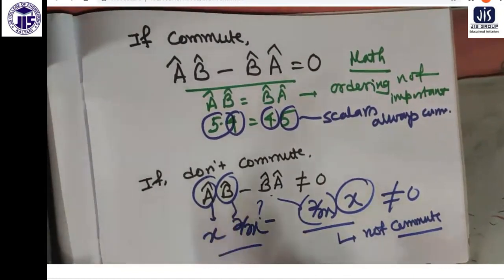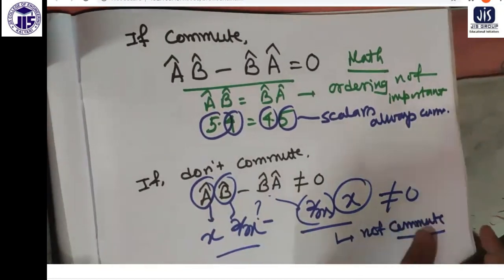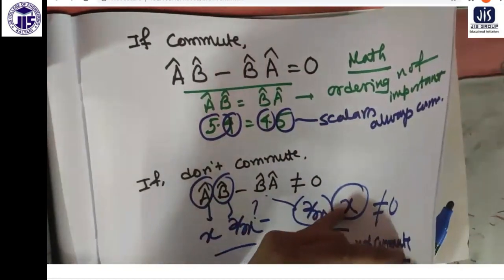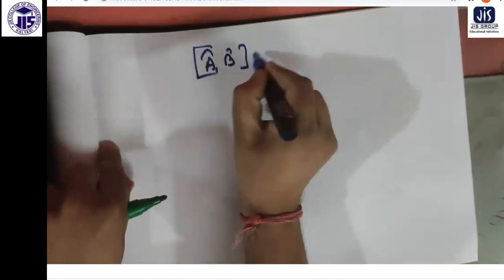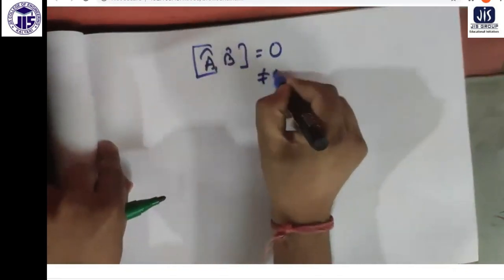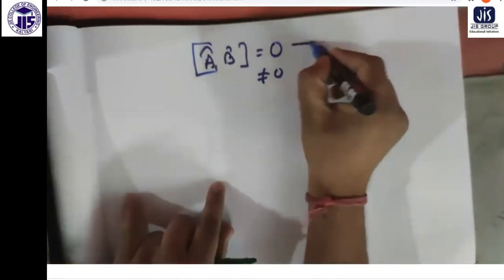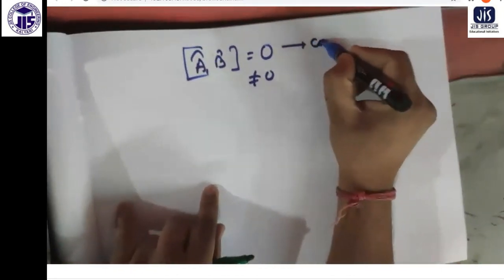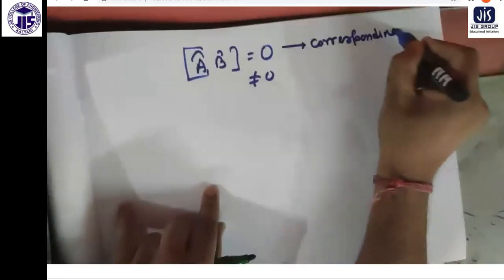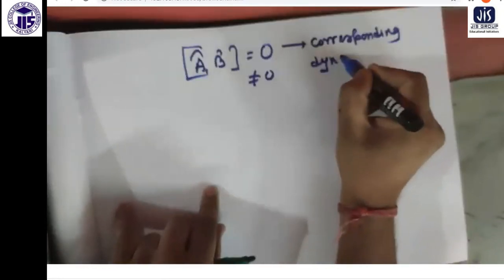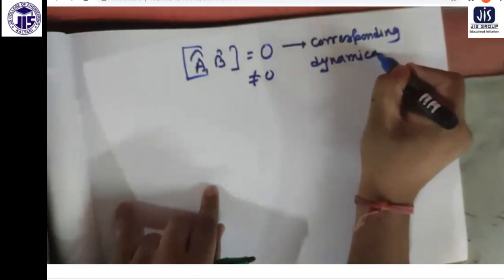Now, as I told you, if they commute, then I have got good news. The corresponding variables I can measure together. So quantum mechanics tells me that any two operators A and B may commute or may not commute. If they commute, then corresponding dynamical variables could be measured together.